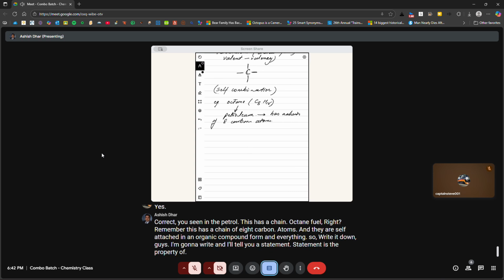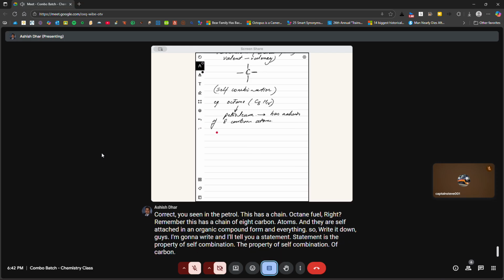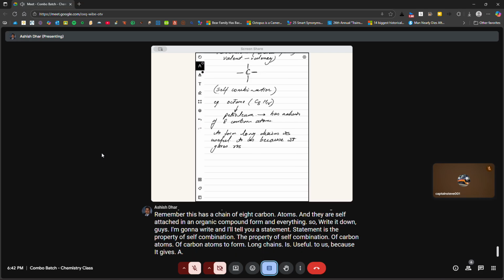The statement is: the property of self combination of carbon atoms to form long chains is useful to us because it gives rise to an extremely large number of carbon compounds.